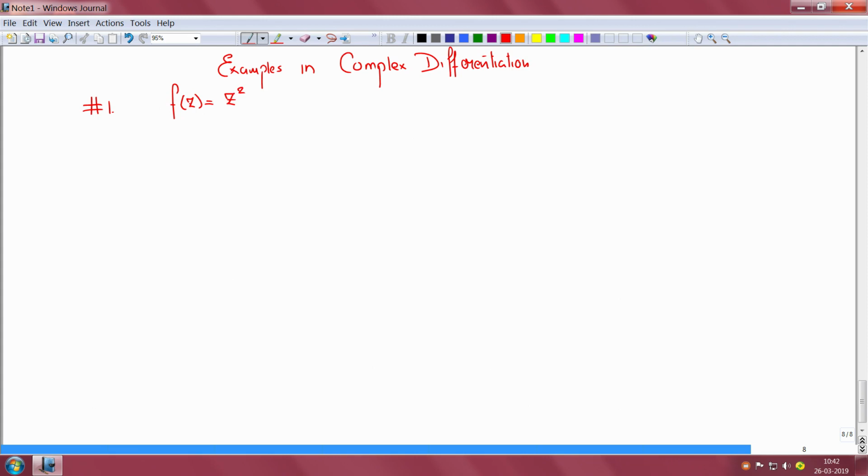The reason we take it is that in the real variable calculus, f of x is equal to x square is a very nice function, it is a parabola. And it has a very nice derivative. Derivative f dash of x is given by 2x. So, now we want to check if the laws of the real variable calculus apply to my complex function f of z is equal to z square.